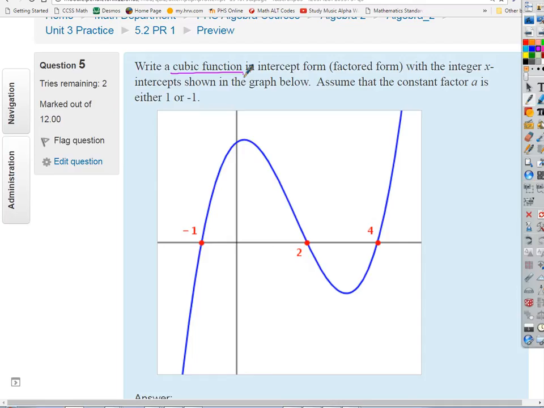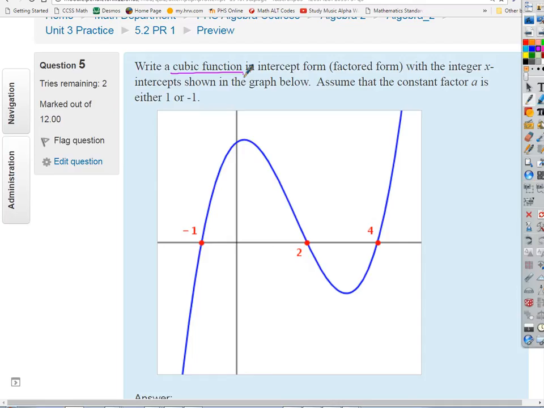What if it was quintic? 5. What if it was quadratic? What's the quadratic we've dealt with? 2. Yeah, it's 2. That's going to be like an x squared one, right? It's going to make a parabola. So it's cubic, so they're telling us that the degree is going to be 3. So it's odd, isn't it?